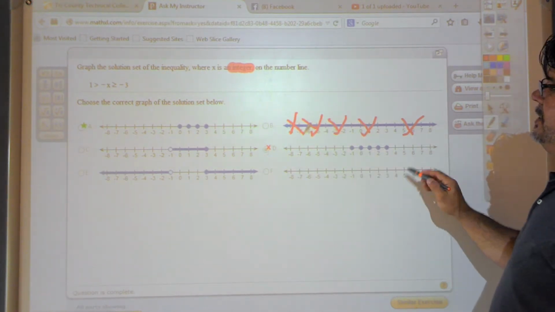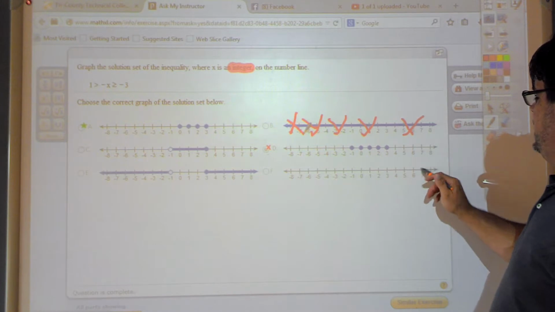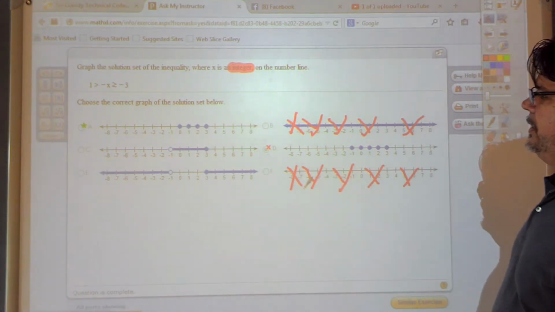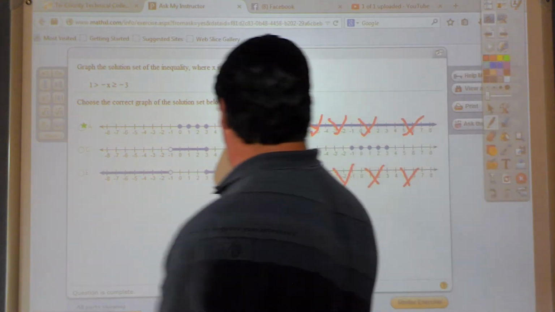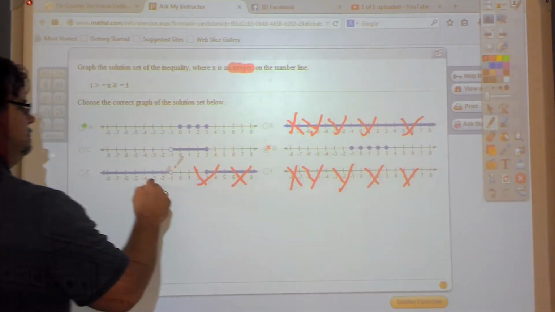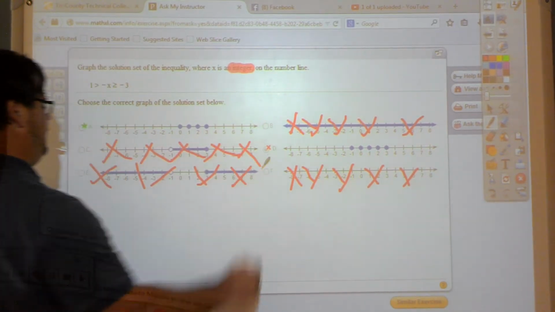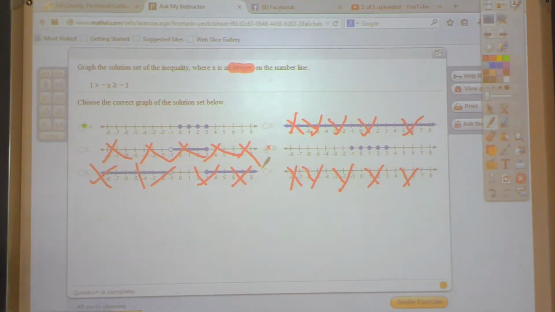And it takes, well, no, that one can't, because that's a doable problem. And it takes these two out. Why does it take those out? Because they're shaded in between the numbers.